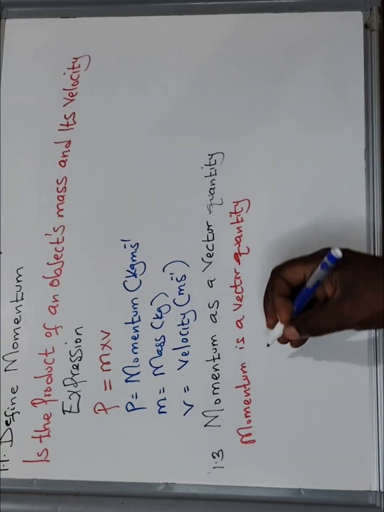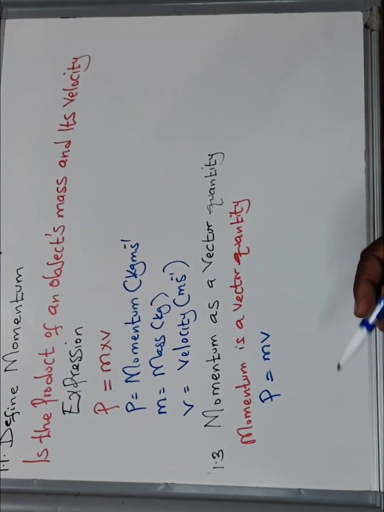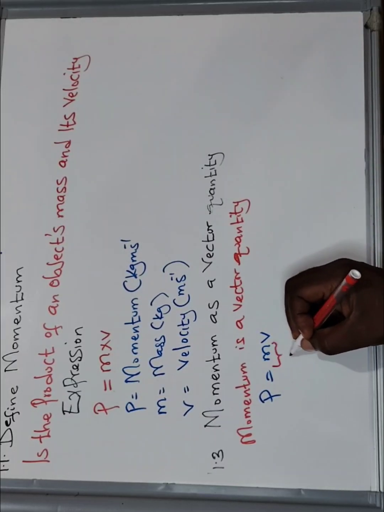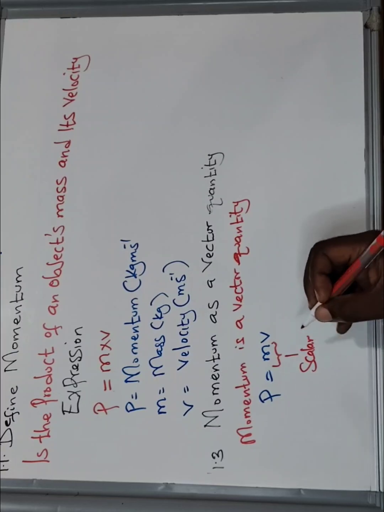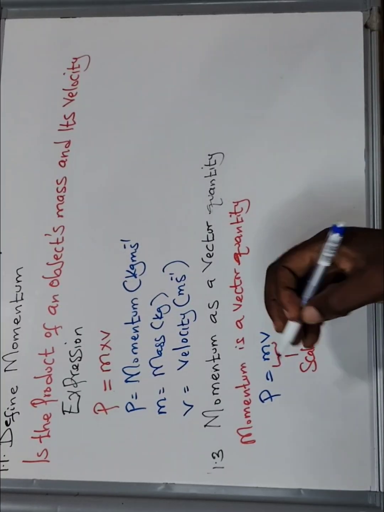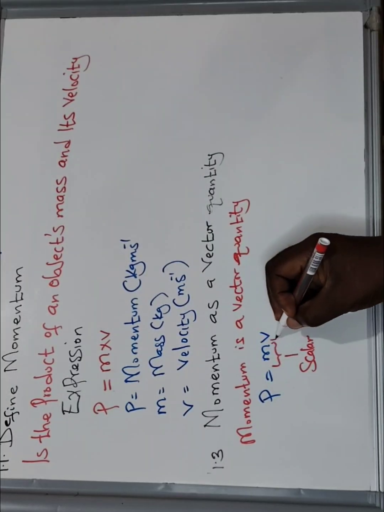You have to remember that momentum is mv, which is mass times velocity. But you have to recall that mass is a scalar. Scalar is that physical quantity which has only magnitude. And velocity is a vector.